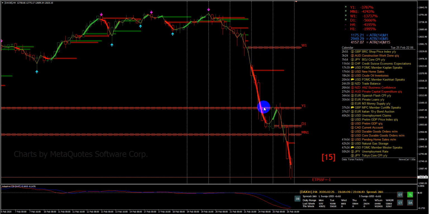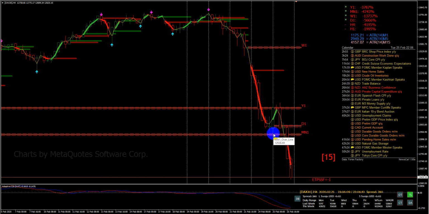And yesterday it actually stopped at the level of the annual data pivot, and you see it retested it on the downside and found it as resistance, and then continued down, almost reaching the monthly pivot.